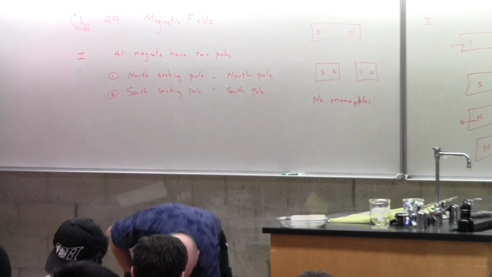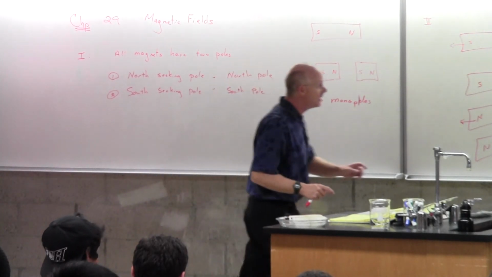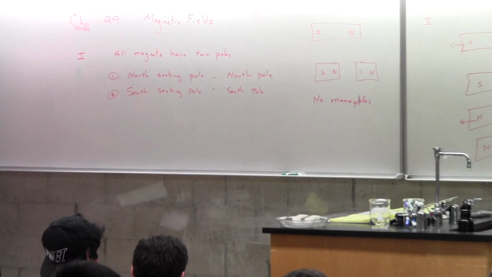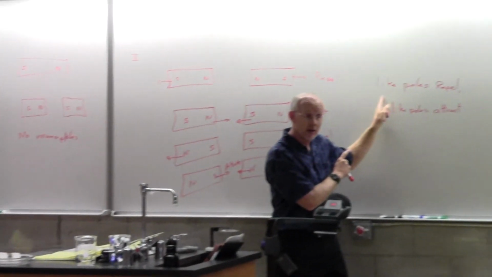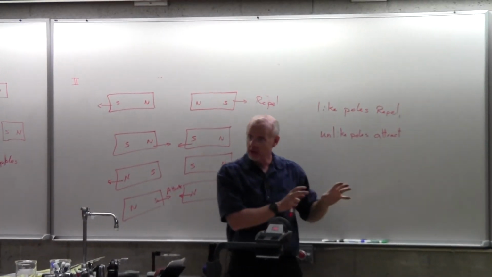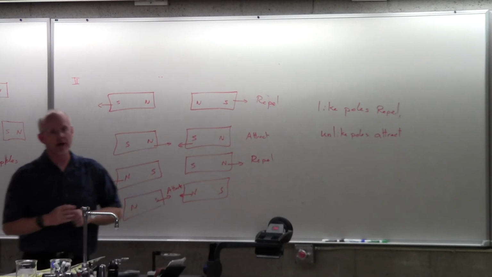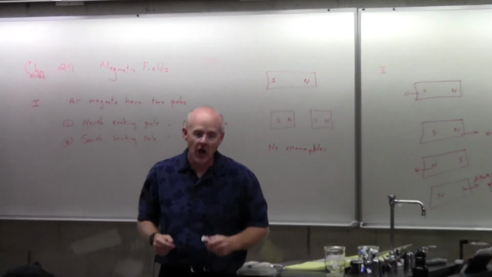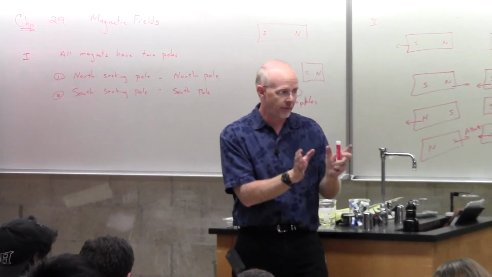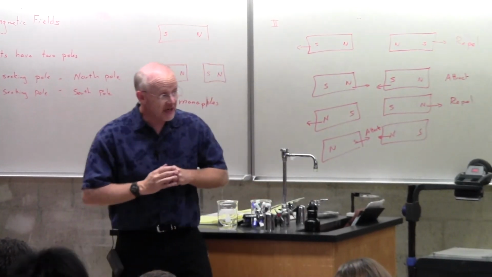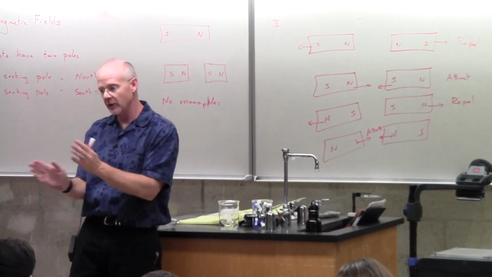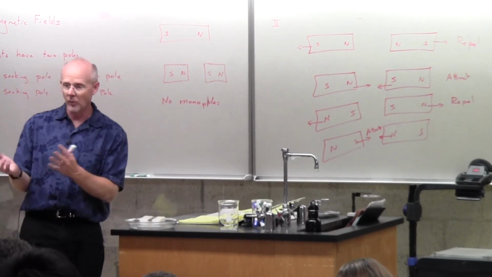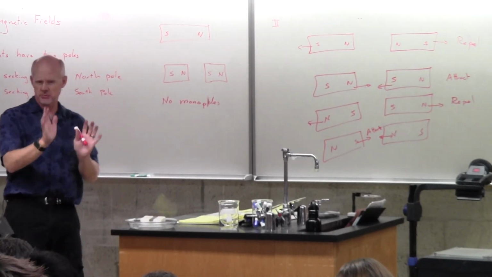So that's why we do not say like charges here. This says like poles. And so the patterns and principles we see for magnetism are very, very close to electricity. Because of that, they're easy to learn, but also easy to confuse and to cross one terminology with the other. So just be careful with that.